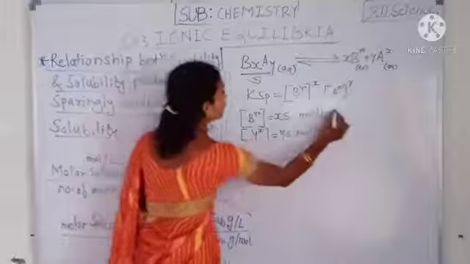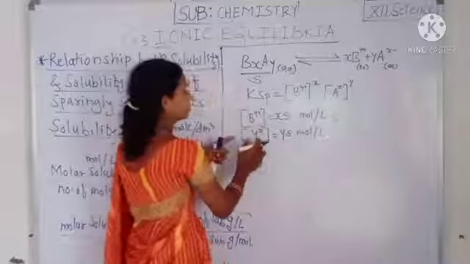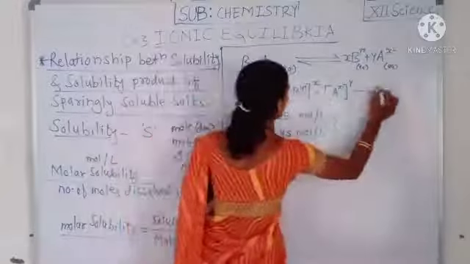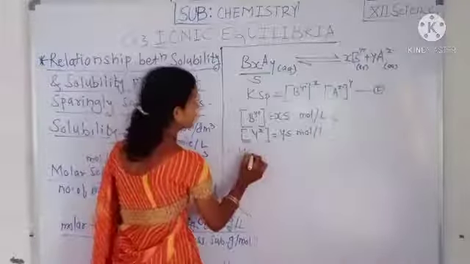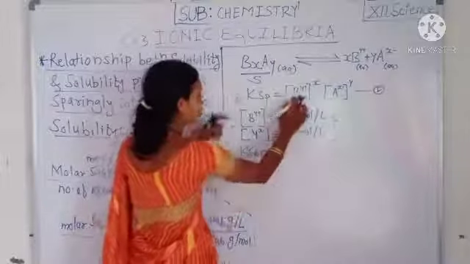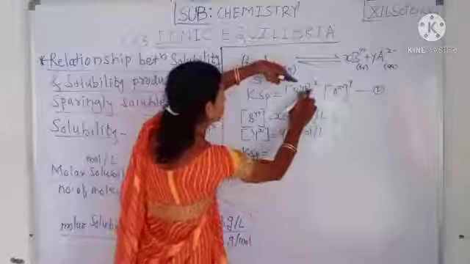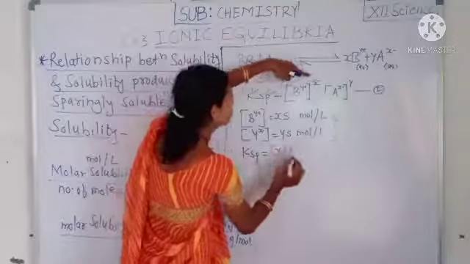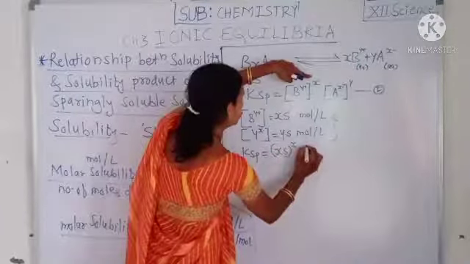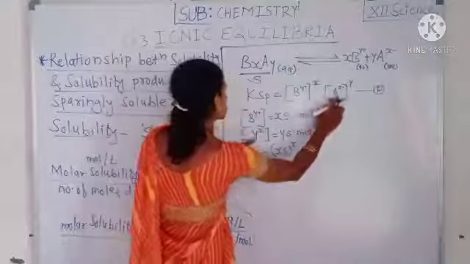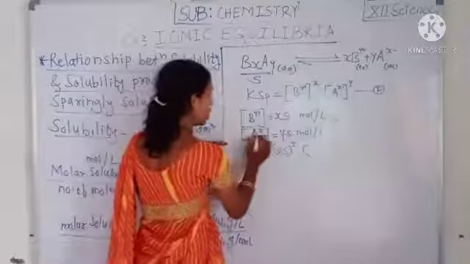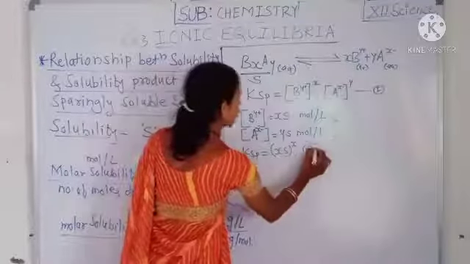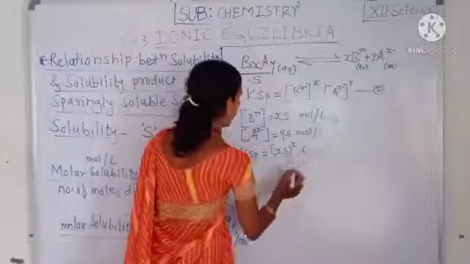Therefore, putting the value of these into this equation number 1, equation 1 becomes Ksp is equal to the concentration of B^y+ is xS raised to x, into the concentration of A^x- ion, is yS raised to y.